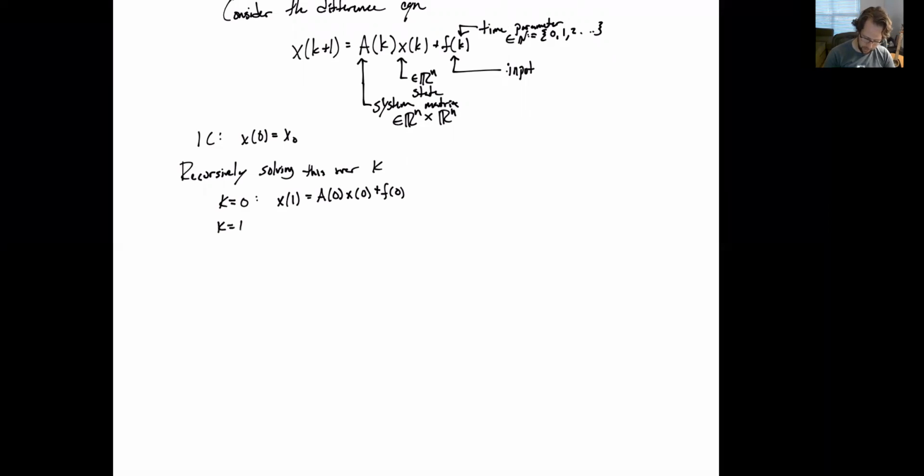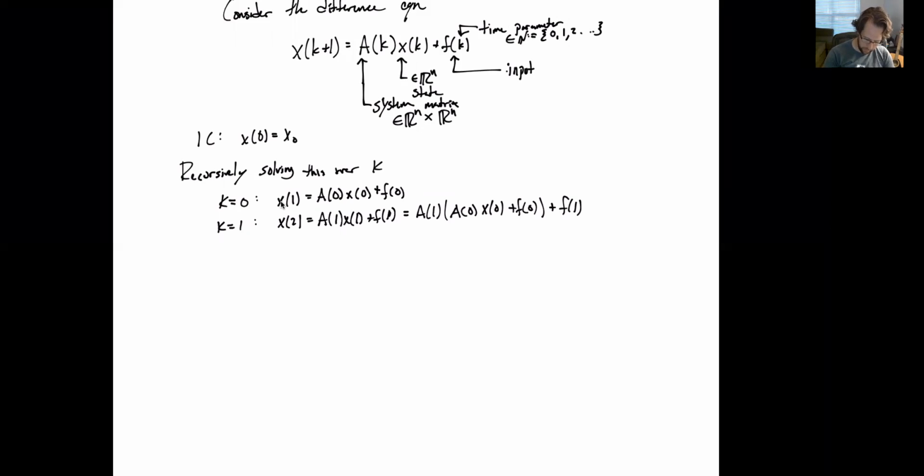Next, let's look at the time where k is equal to 1. So the next time step, this will be x at 2, is equal to A at time 1, x at time 1, plus f at time 1. So now we have x at time 1, that's from the previous step here. So then this will open up to A of 1 times the sum of A at time 0, x, the initial condition, plus f at time 0, plus f at time 1.